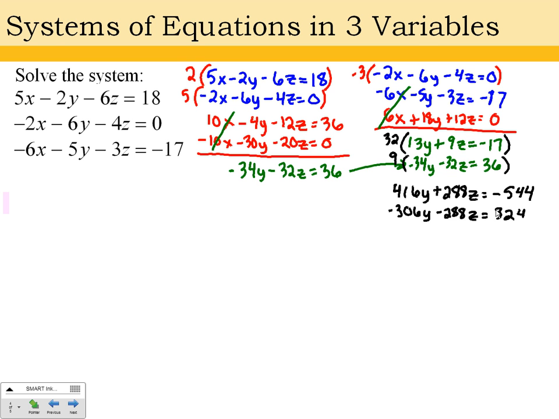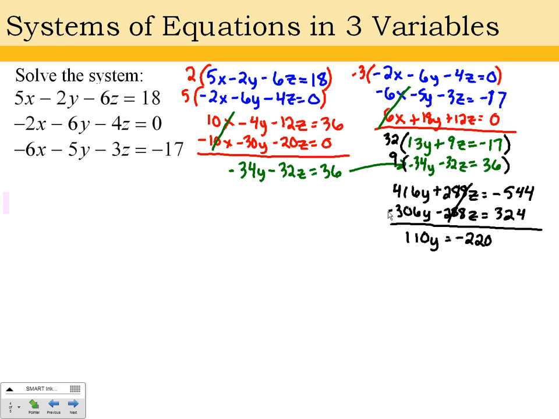Now I'm ready to add these equations together. Okay, 416 plus a negative 306 is 110y. My z's cancel, and negative 544 plus 324 is negative 220.